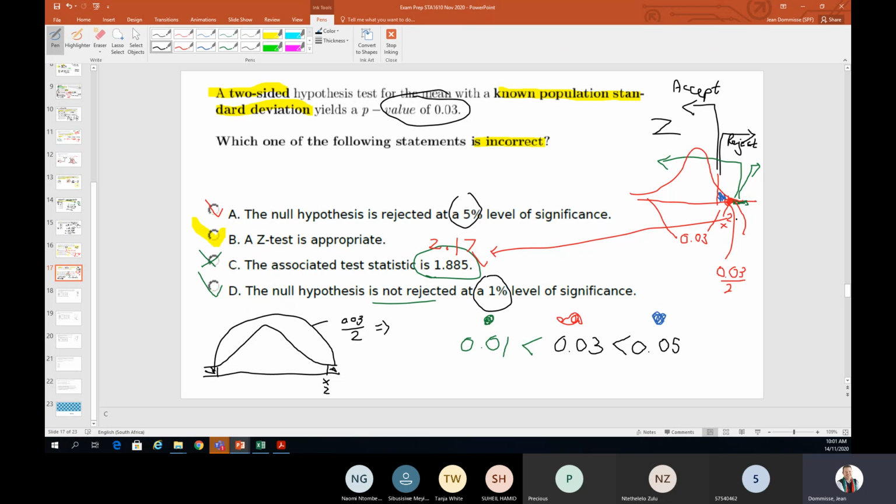But when we want to get to that z value, we will need to remember that my p-value is actually split because I'm looking at a two-tail. So to get that physical Z value, it won't be 1,885, it will be 2,17. Okay, so this was actually a very difficult one.